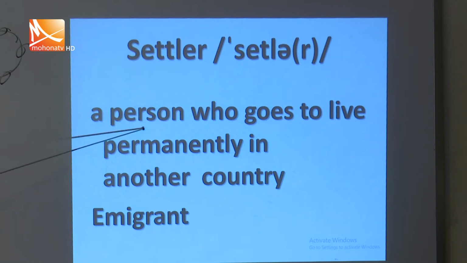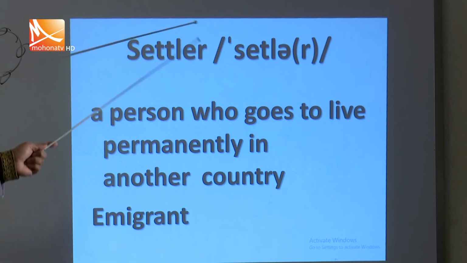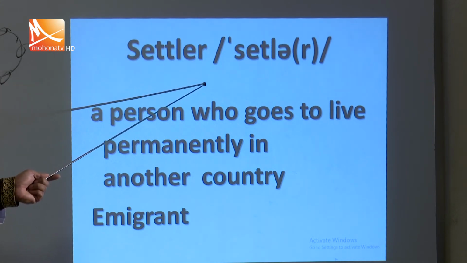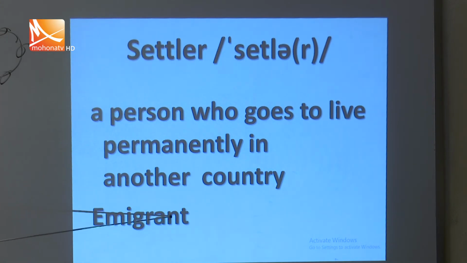It means a person who goes to live permanently in another country. Synonym, immigrant. If some people go from here to Canada, Australia, or other countries to live there permanently, they are called settlers there. They settle down there, and they are called immigrants.